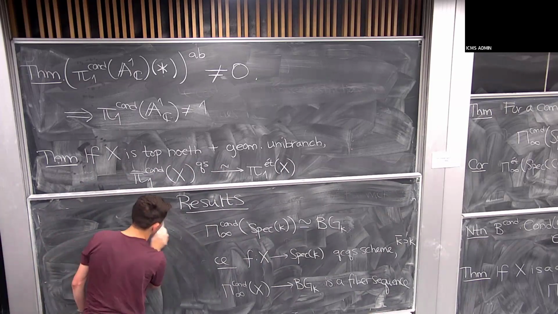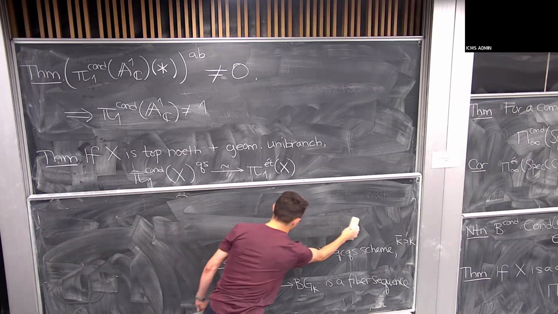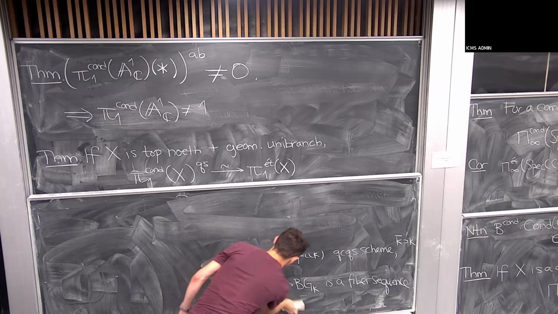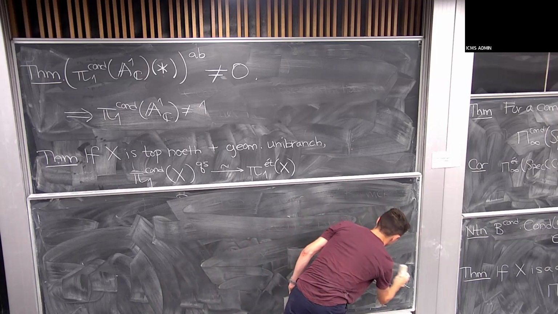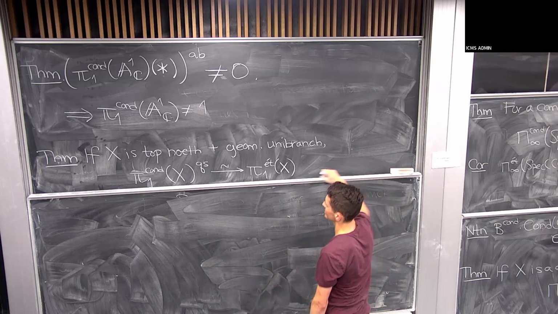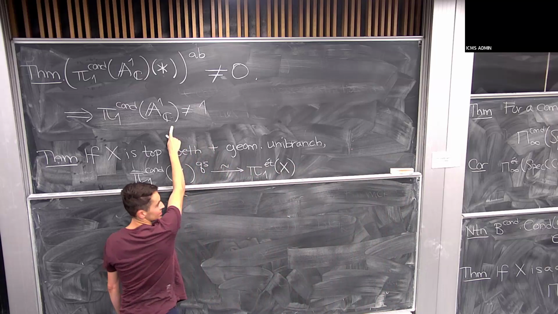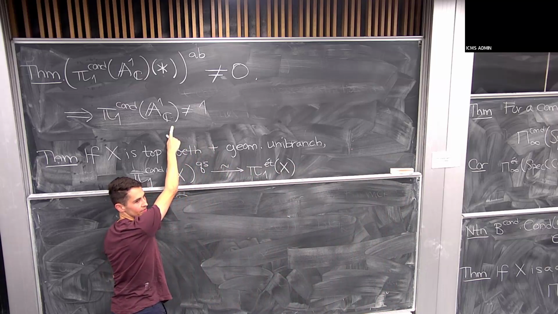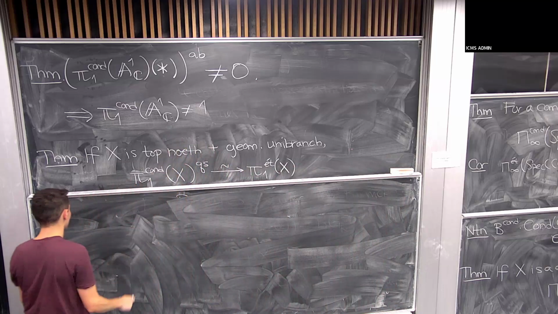And then the final result is how this compares to étale pi 1 or pro-étale pi 1. If you combine the previous things I said, you would know that for A1 over C, pro-étale pi 1 is trivial. So there seems to be some problem.